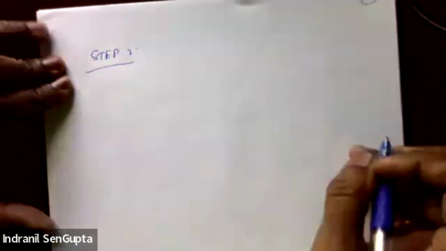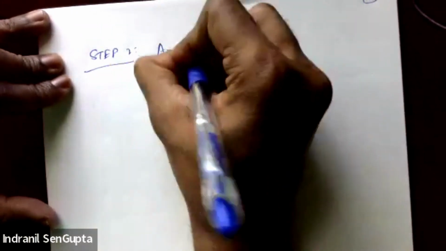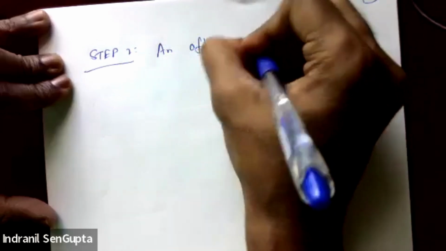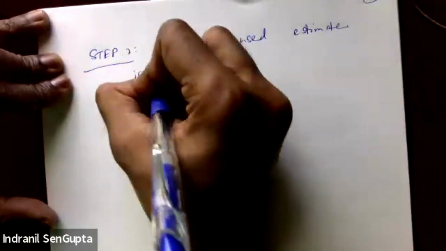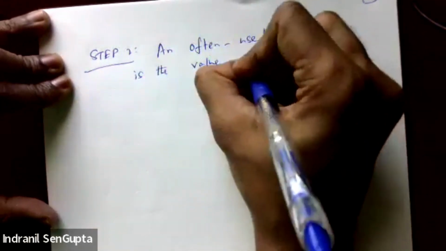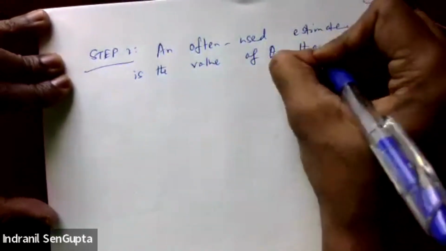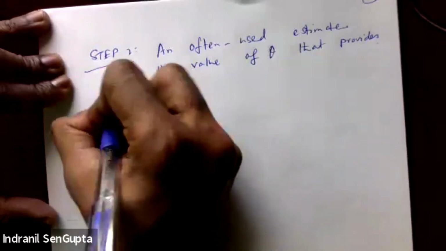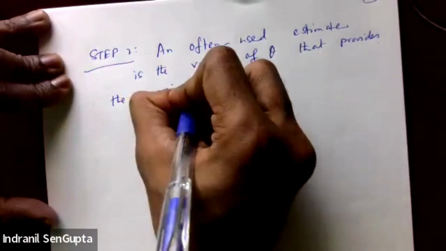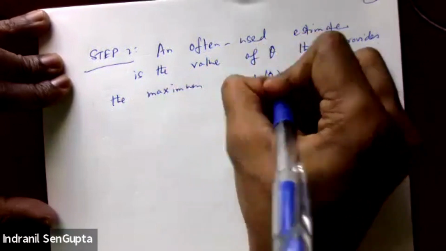Okay, so let's do that. That's step two. An often used estimate is the value of theta that provides the maximum of L theta.